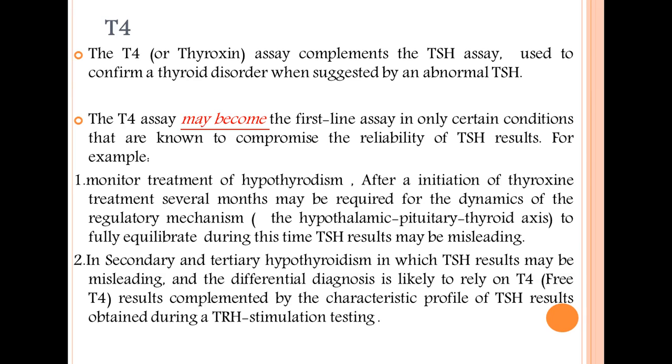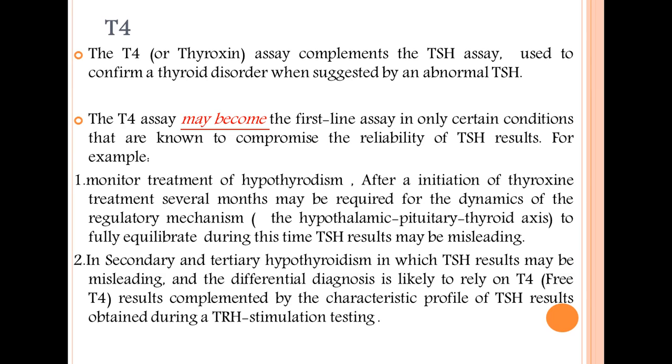One of the problems in this condition is that the hypothalamic-pituitary-thyroid axis takes months to return to its normal dynamic regulatory mechanism. So the TSH will be delayed until this axis returns to normal, and there is a certain delay in time. If we measure TSH during the delay time, then the result will be misleading.